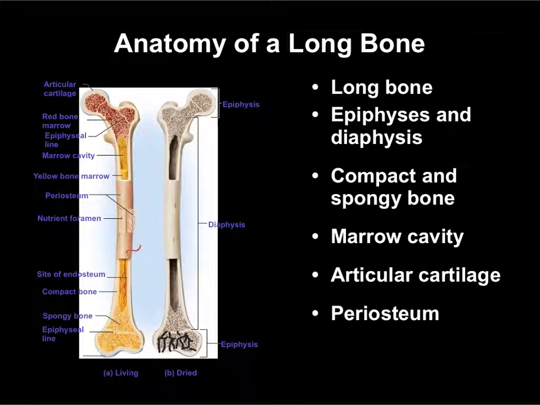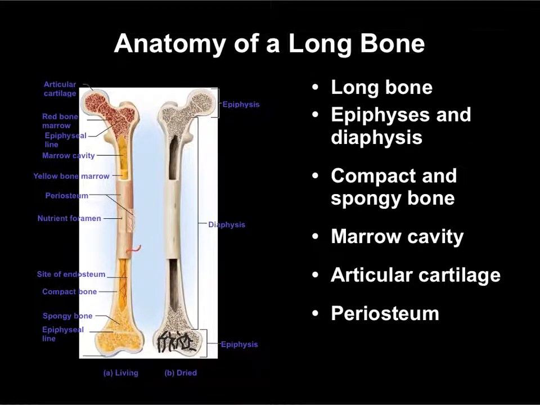In between the epiphysis and the diaphysis is a region called the epiphyseal line. This is in adults. In children who have not yet finished puberty, instead of just a thin epiphyseal line, they have a thicker area called the metaphysis, meta meaning middle, and the metaphysis is made of hyaline cartilage, and that is how bones grow.